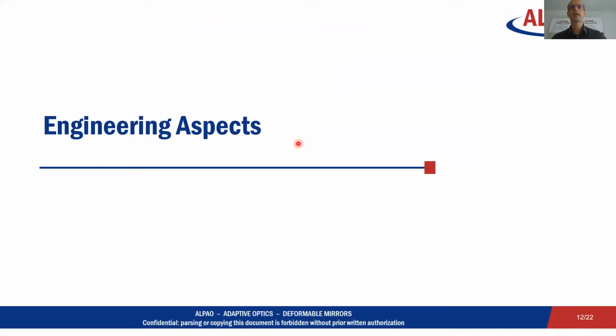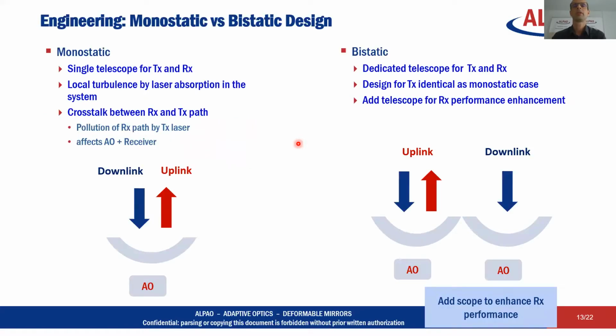Okay, let's look at some engineering aspects, really various different aspects of engineering. First of all, for the uplink correction scenario, there are multiple kinds of configurations that you can consider for your telescope.